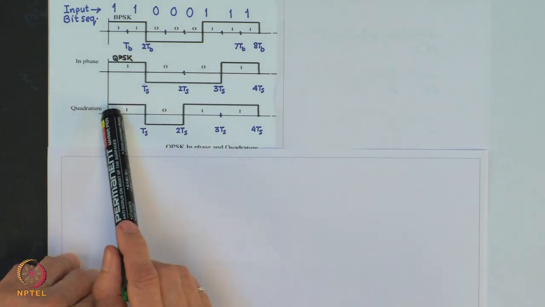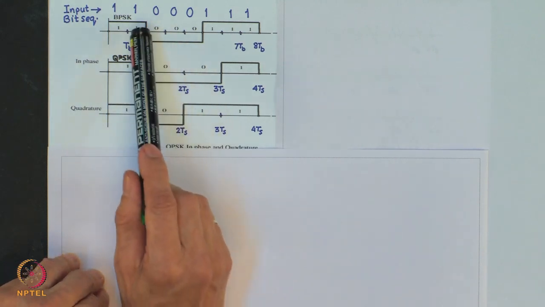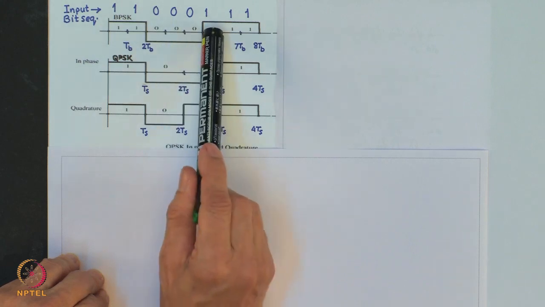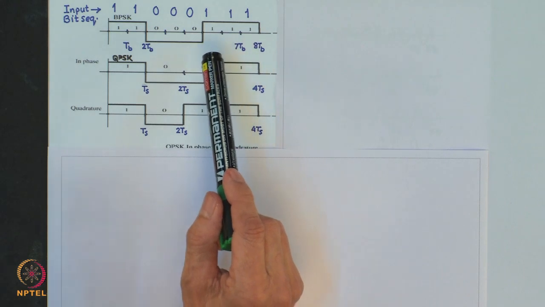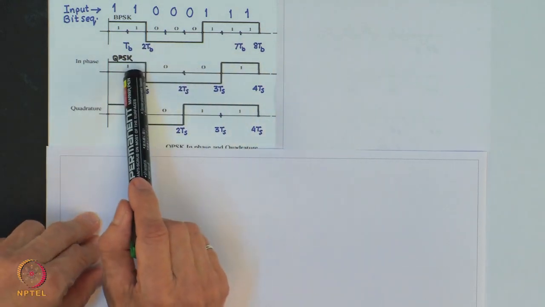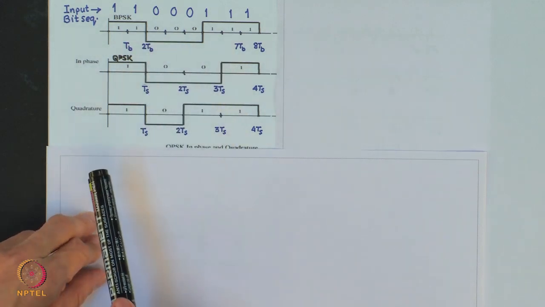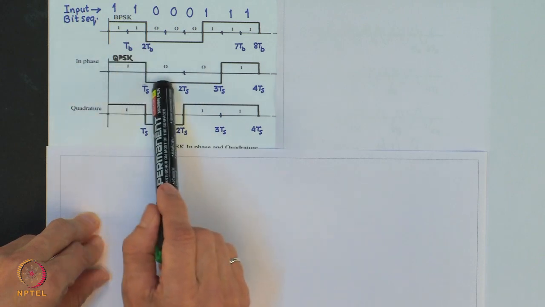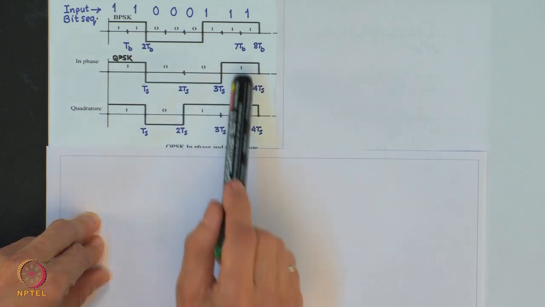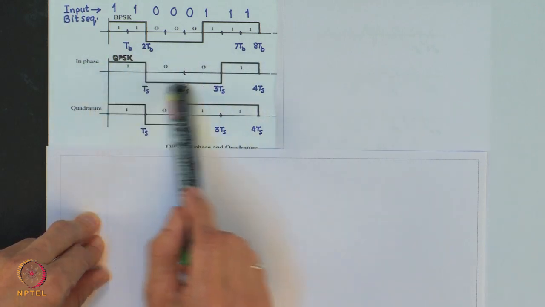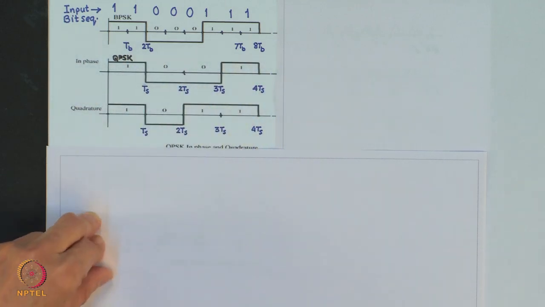Similarly, the odd stream is generated by the odd bits located at the odd bit time intervals in the input stream, that is at t equal to TB, t equal to 3 TB and so on. The even stream modulates the carrier cos 2 pi FCT, and therefore it is also known as in phase stream or component of the QPSK signal.